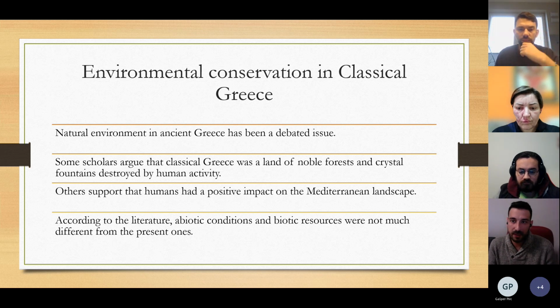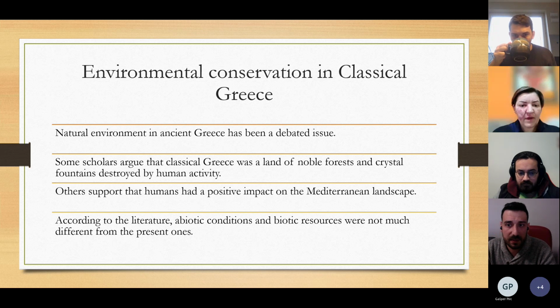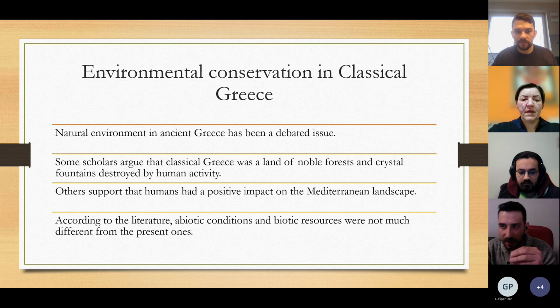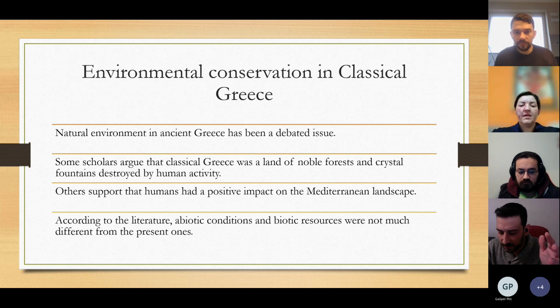We have to say that the natural environment and its conservation in classical Greece, we're talking about the 5th to 4th centuries before Christ, has been a considerably debated issue, because there are two different opinions.